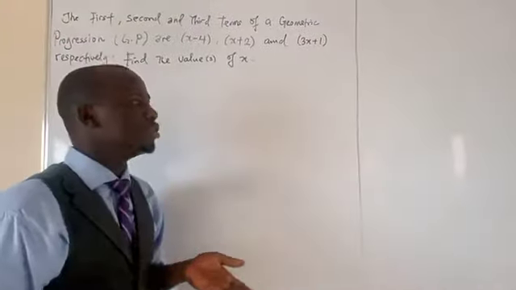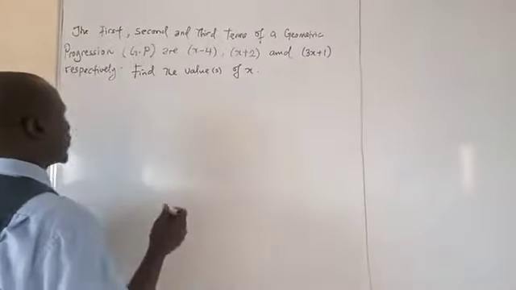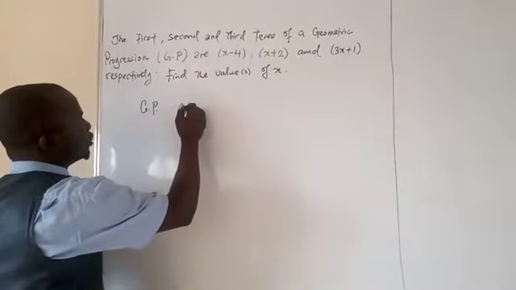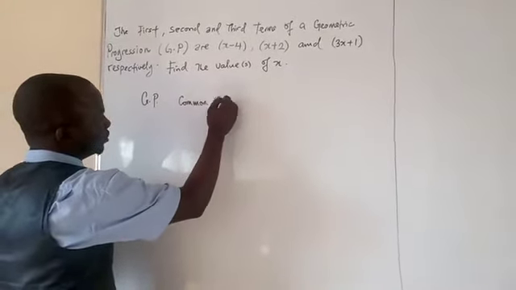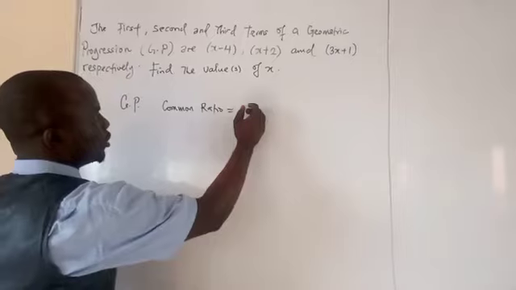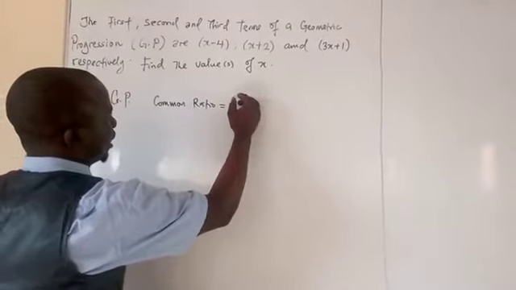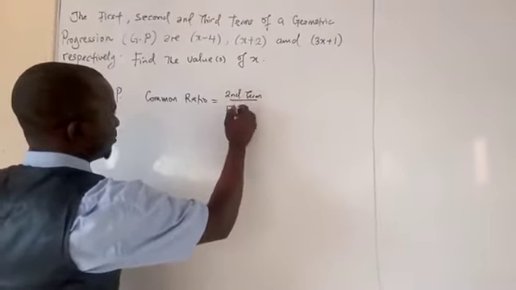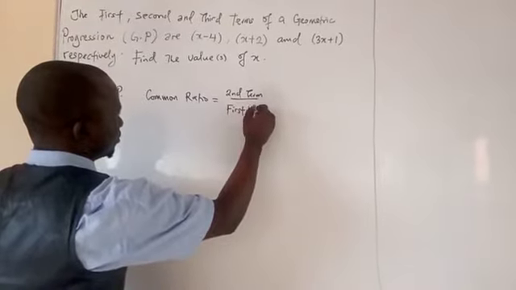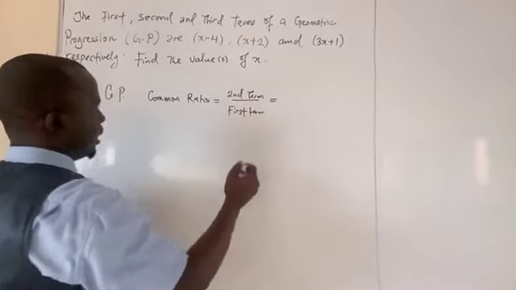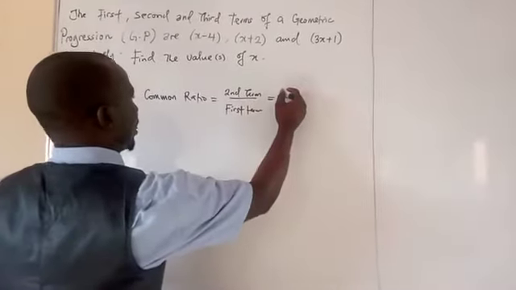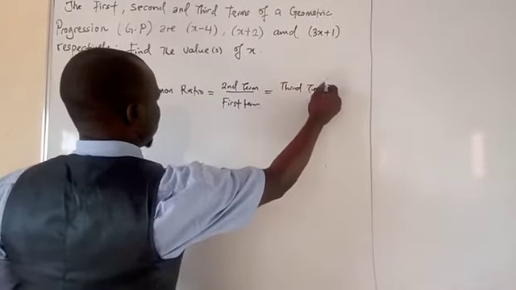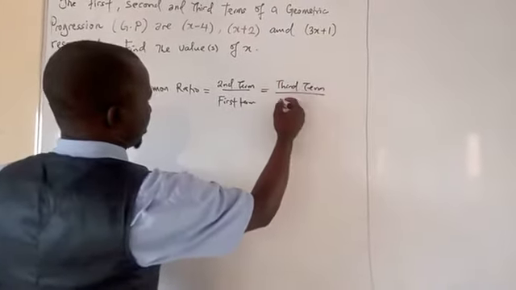According to geometric progression, the common ratio is equal to the second term over the first term, which is equivalent to the third term all over the second term.